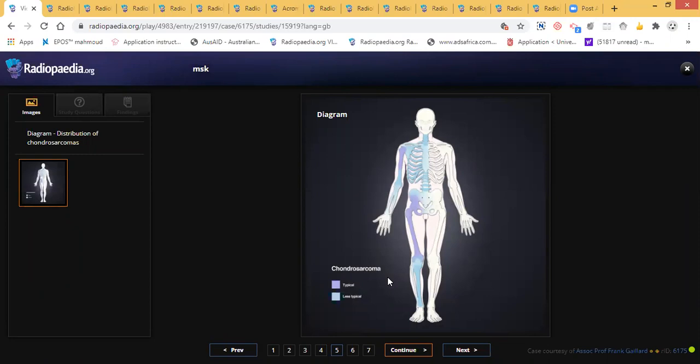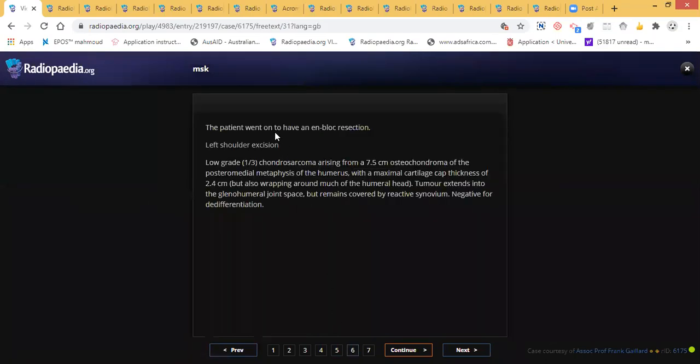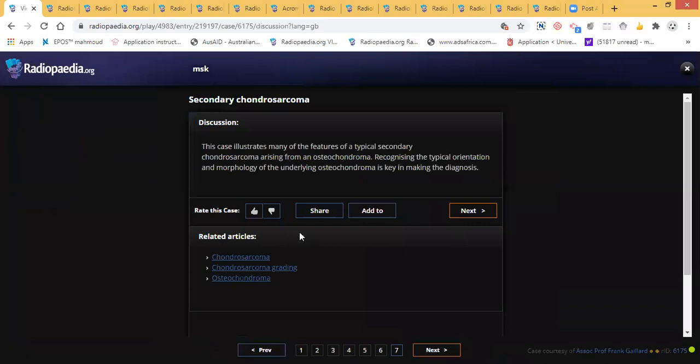I think everyone now, yes, so this is chondrosarcoma. So why chondrosarcoma? This patient had an excision, and finally they found it is chondrosarcoma. Very high, exactly. This is the key.